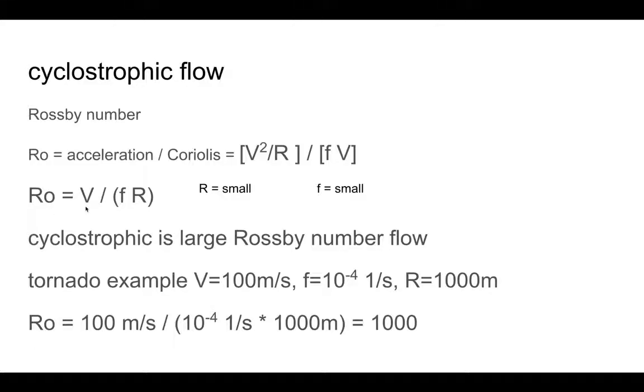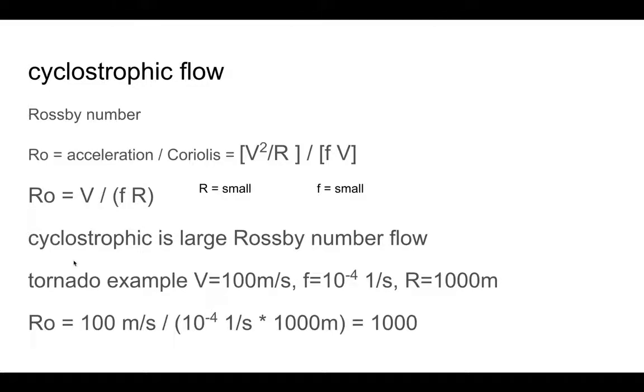So that Rossby number is v over f times r. And for cyclostrophic flow, both r and f are relatively small. So the denominator is small, the Rossby number is large. And so cyclostrophic flow is what we observe if the Rossby number is large.